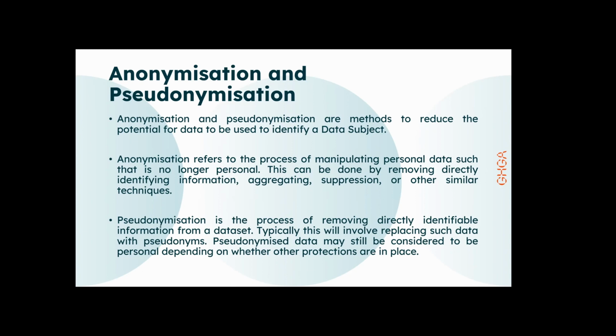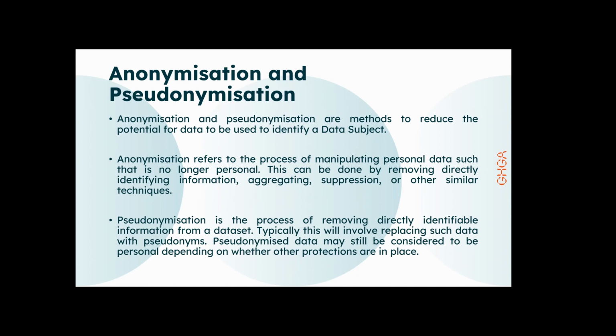It's really, again, thinking about what those reasonable risks are around the use of that data. So for example, if we had patient data and we took out the patient's name and replaced it with a sample ID, yes, direct identification is now much more difficult.